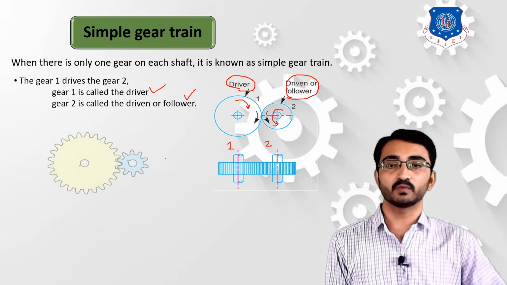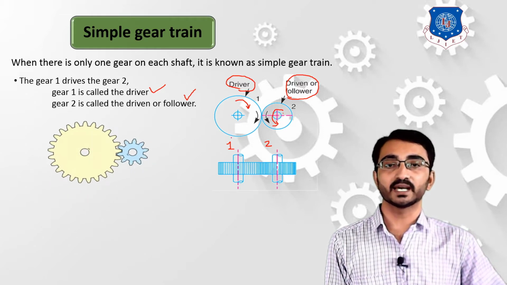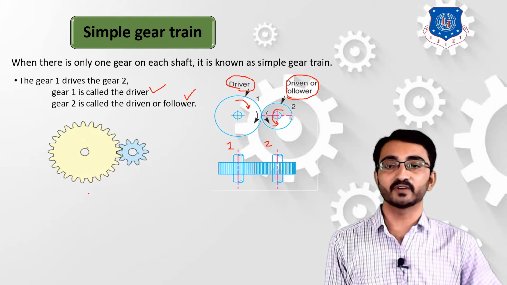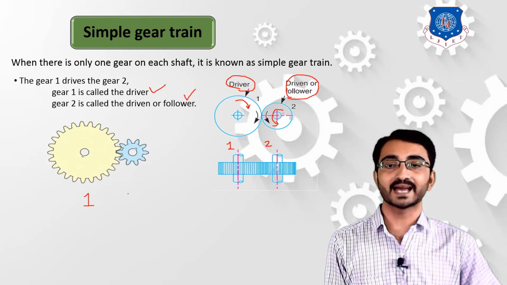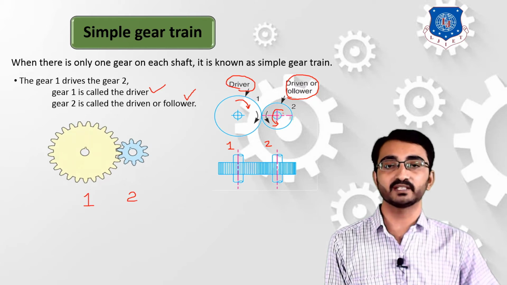We have to remember one more thing, that it also helps us to reduce or increase the speed. In this diagram shaft number 1 has a larger diameter and shaft number 2 has a smaller diameter.